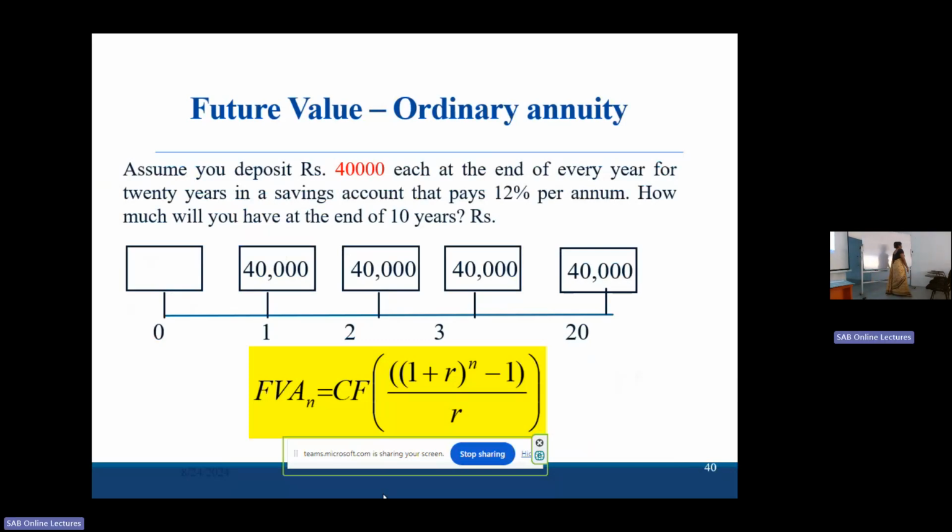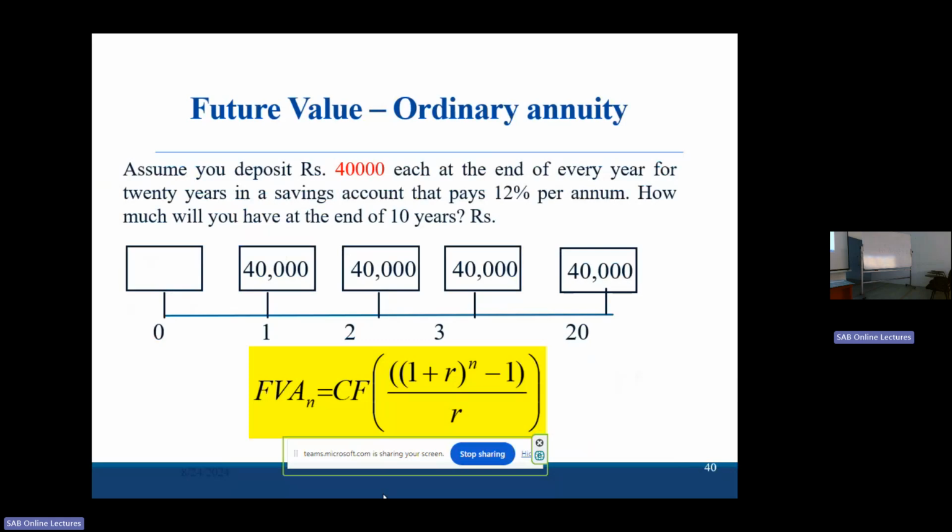So you deposit 40,000 monthly. You can remember for the single cash flow we discussed more frequent compounding.